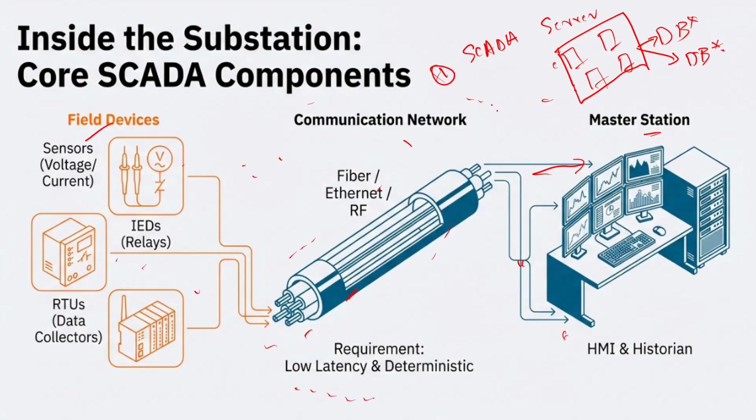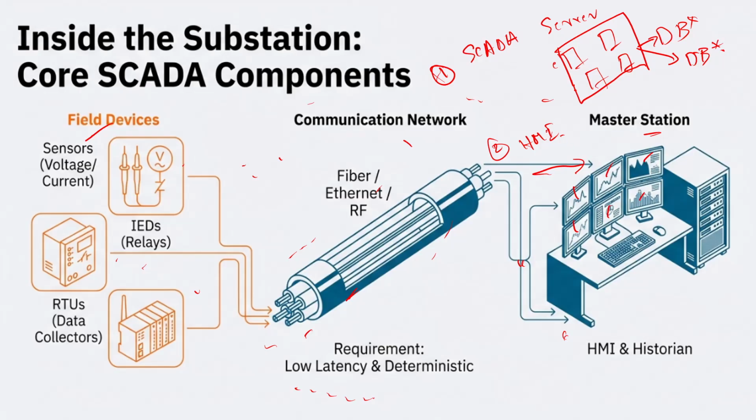This is one. The second component inside the SCADA system is the HMI, the human machine interface. Basically, here you can see the graphical interfaces, the graphical display of the grid.